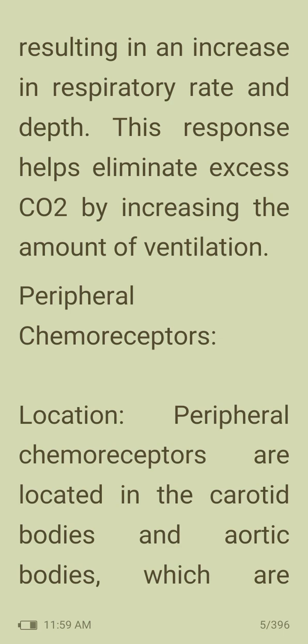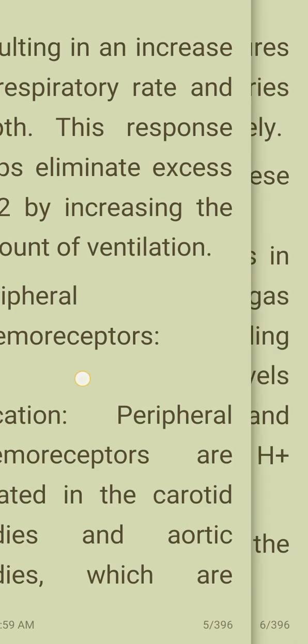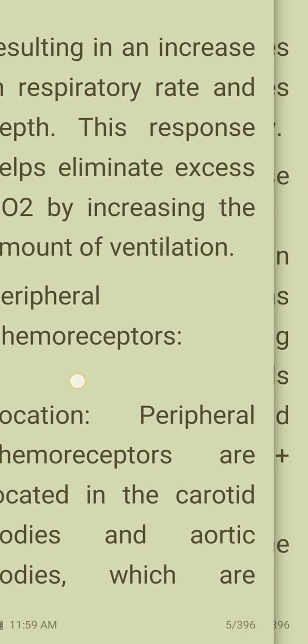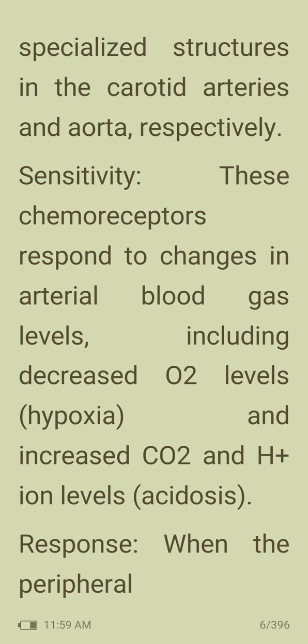Then peripheral chemoreceptors: location. Peripheral chemoreceptors are located in the carotid bodies and aortic bodies, which are specialized structures in the carotid arteries and aorta respectively. These chemoreceptors respond to changes in arterial blood gas levels, including decreased O2 levels or hypoxia, and increased CO2 and H+ ion levels, acidosis.